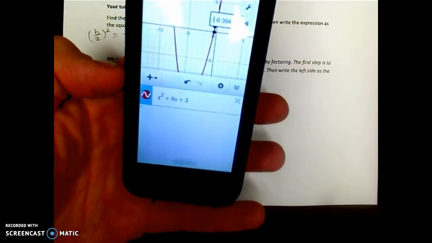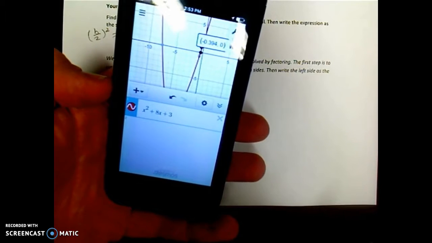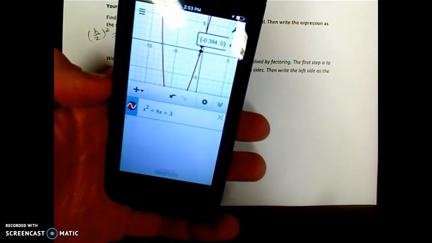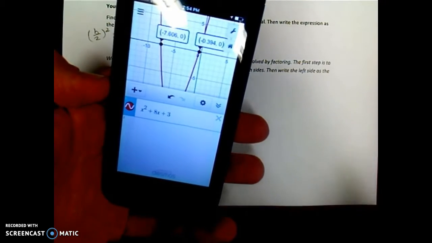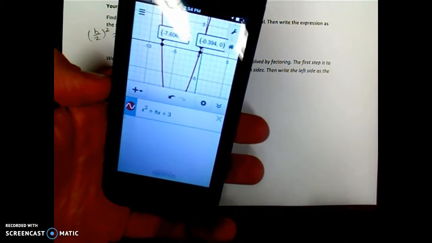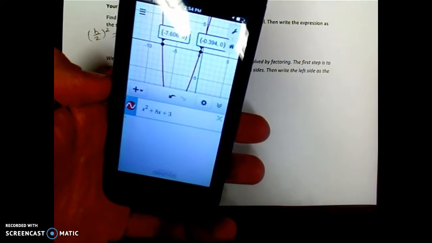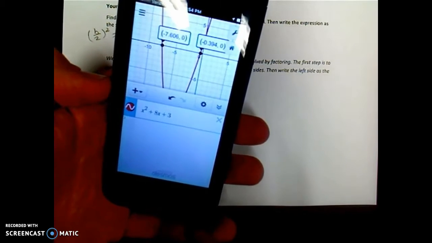When we did that, we noted that there were, in fact, two places where this graph crossed the x-axis, at negative 0.394 and at negative 7.606. We talked about the relationship between the graph of a quadratic function and the solutions of the related quadratic equation, that the x-intercepts of the function were in fact the solutions to the equation.